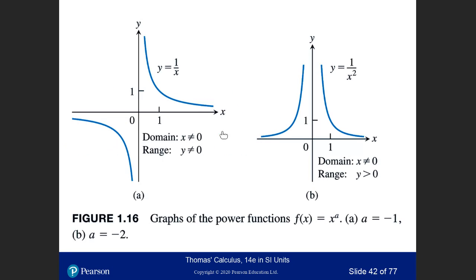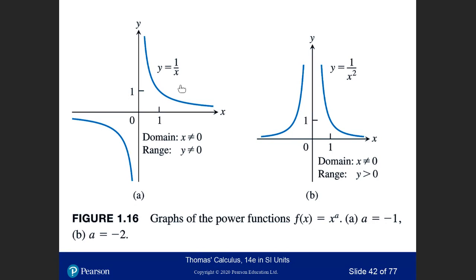When a is negative, this is y is equal to x to the minus 1, that's how we write it. Now, as you can see, this function is not defined at 0, whereas positive powers are defined for all real values of x. But in this case, for negative powers, you don't have this. And so that's y is equal to 1 over x.